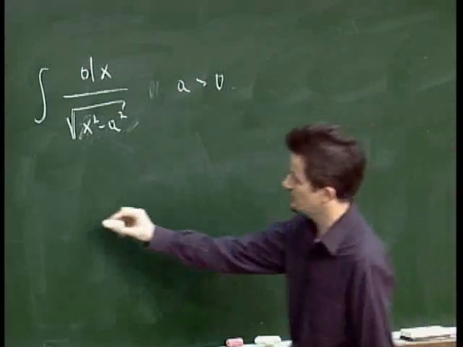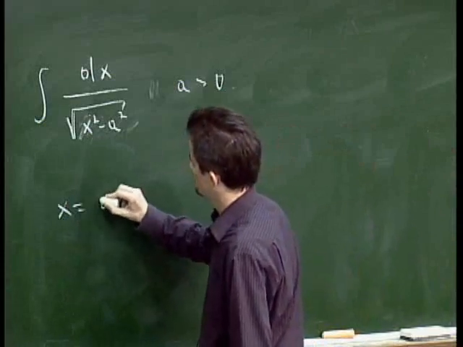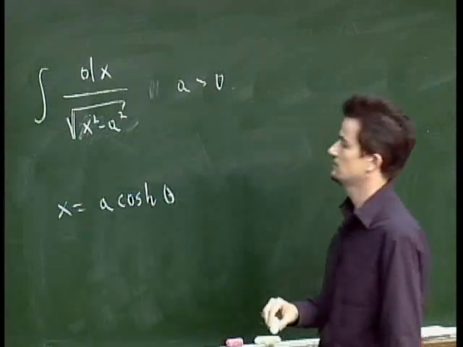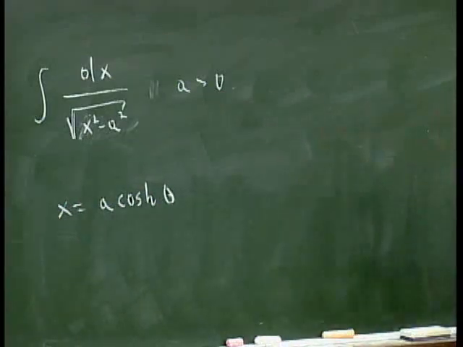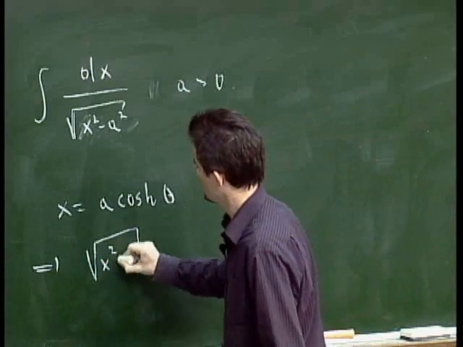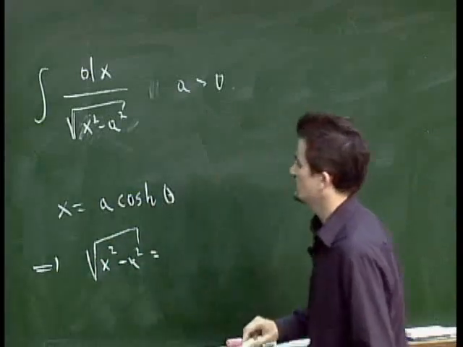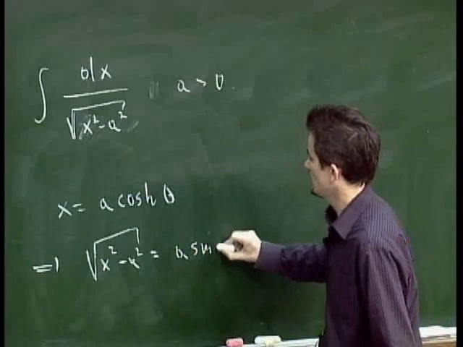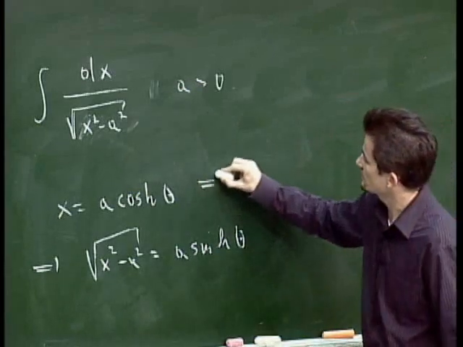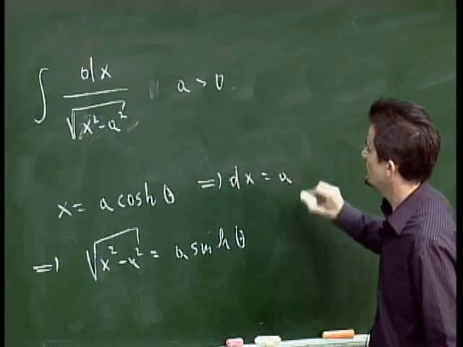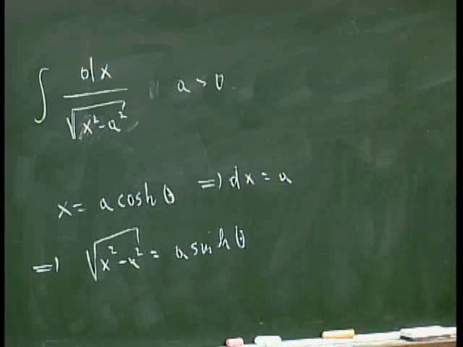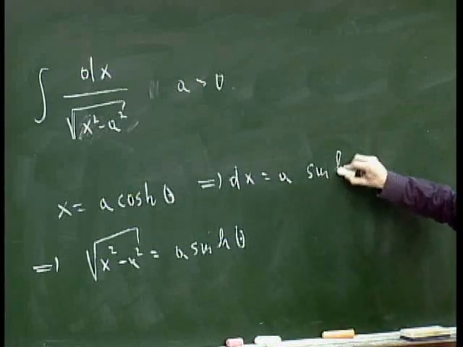So let's check the hyperbolic cosine of theta. In this case, you see that the root becomes a times hyperbolic sine of theta, and dx is a times hyperbolic sine of theta d theta. The derivative of hyperbolic cosine is not minus the hyperbolic sine; it's the hyperbolic sine, no minus.